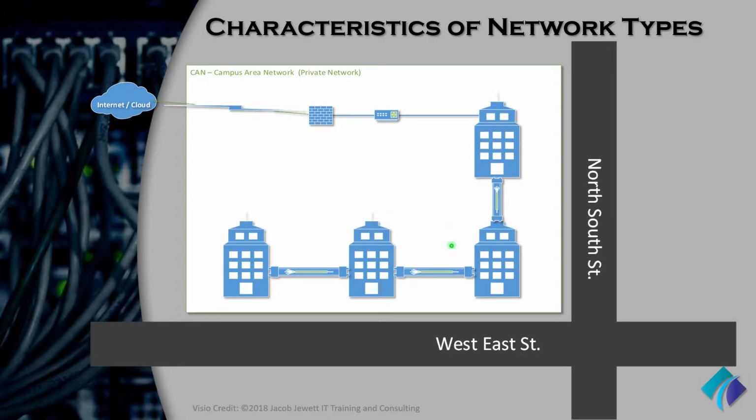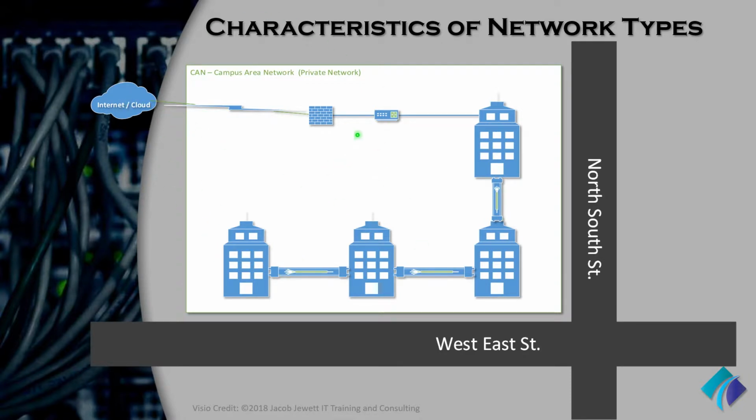This would be considered a campus or a corporate network, okay? And it can span multiple buildings within one geographical location, okay? So if you put your finger on a map and your finger ended up at a cross street, that would be one geographical location, and that's where a CAN would exist, okay?